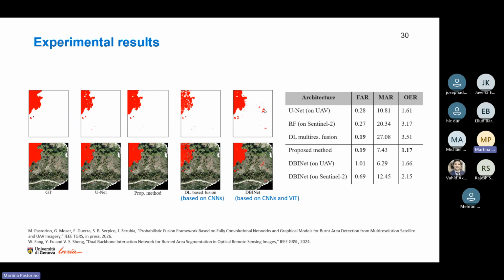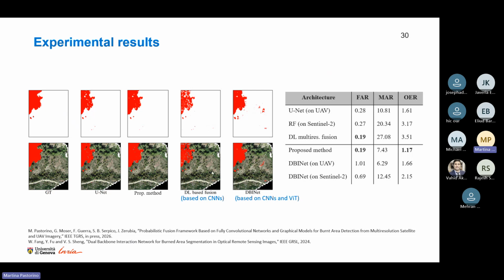And these are the results that we obtained with the methodology based on PGMs and deep learning, which is the third column, compared with UNet, with the deep learning-based fusion based on CNNs, and a recent state-of-the-art method based on CNNs and vision transformers.